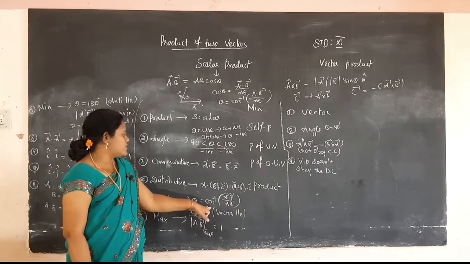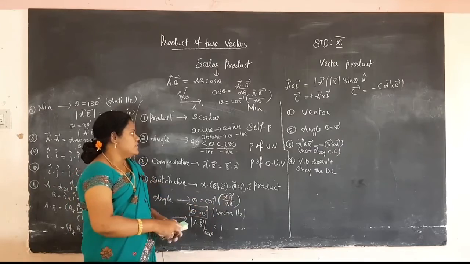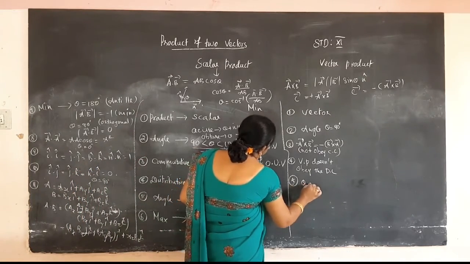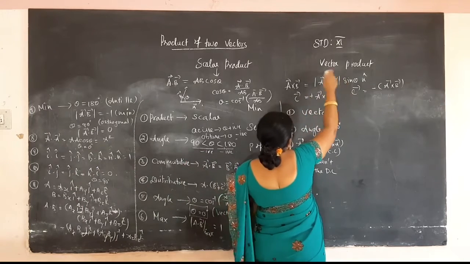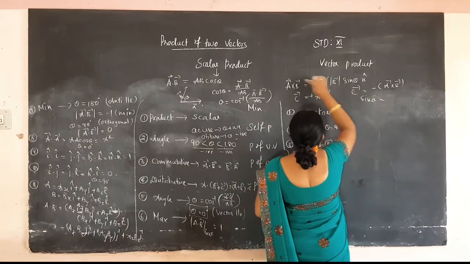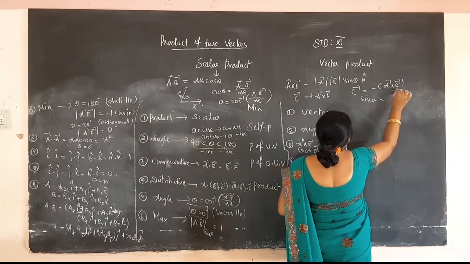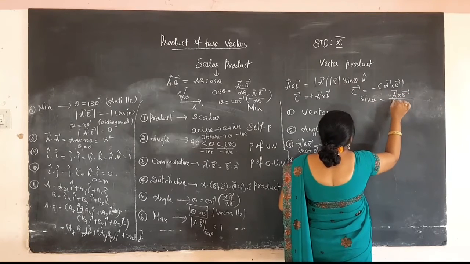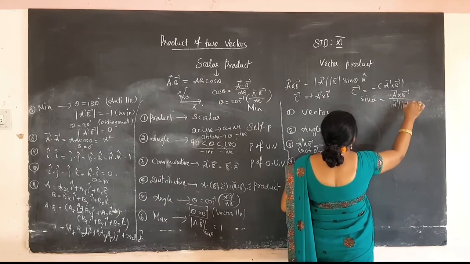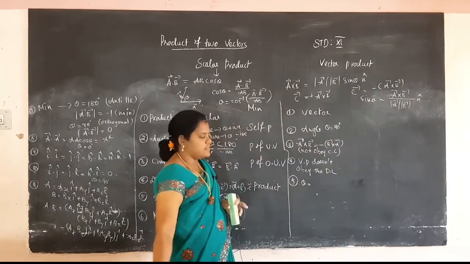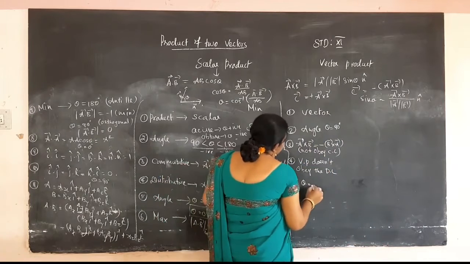For the scalar product, the angle theta is equal to cos inverse of A dot B by AB. In the vector product, this is the formula for the angle: sin theta is equal to modulus of A cross B by modulus of A and modulus of B into n cap.